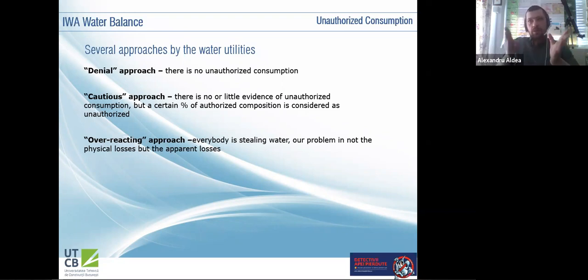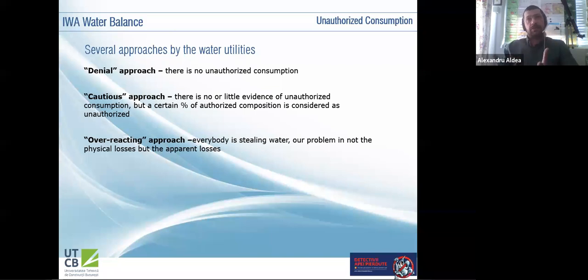And they are stealing so much water that, in fact, they do not have a problem with the physical losses, but with the apparent losses. And usually the argument is, well, if we had so many physical losses, then all of the city would be flooded, or something along those lines.